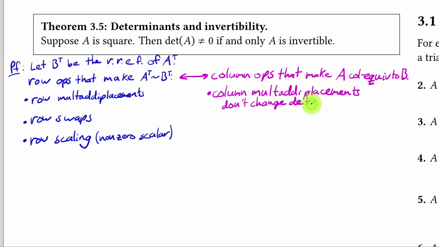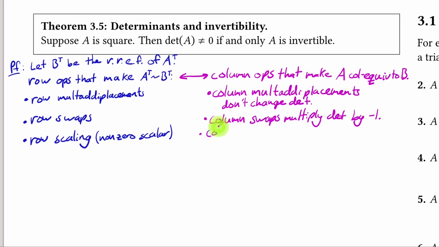Column multiplacements don't change the determinant at all. Column swaps, we saw with the anti-symmetry theorem, multiply the determinant by -1. Column scaling, using the linearity property, multiplies the new determinant by whatever the non-zero scalar is.